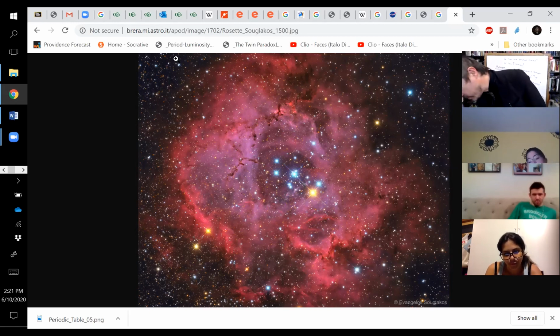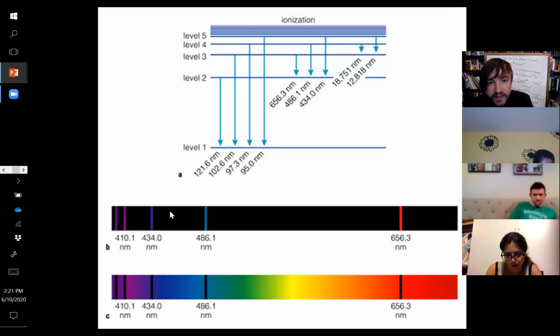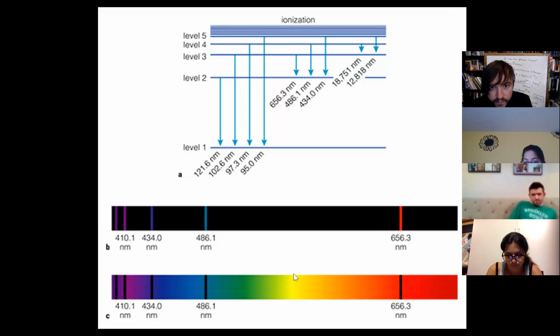There are also other photons that hydrogen can produce besides hydrogen alpha. Let's take a look at some of them. According to this, you can see, let me get an annotate here. A drop from 3 to 2 produces a photon at 656 nanometers.